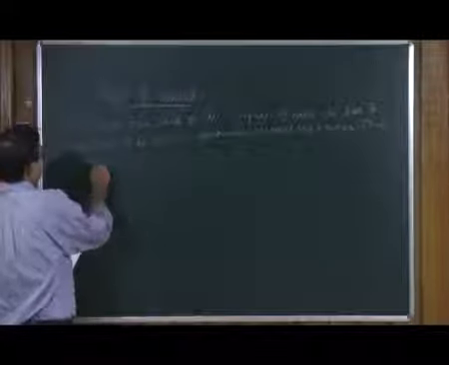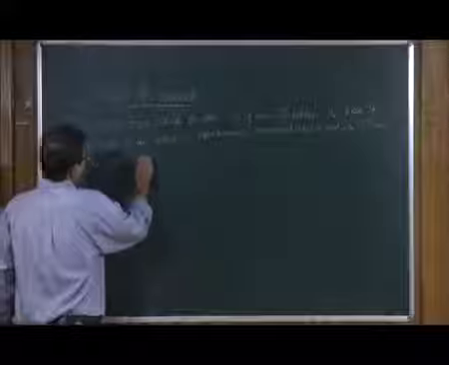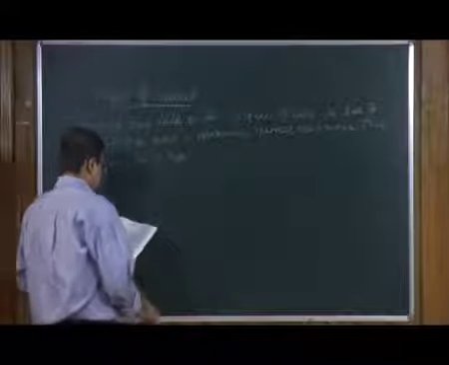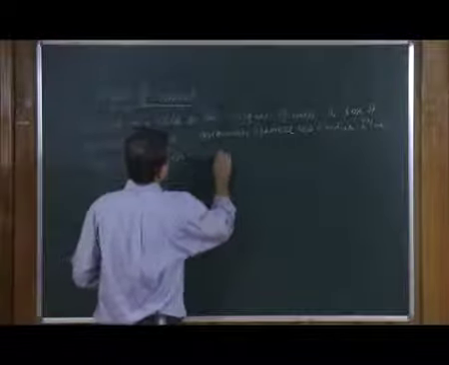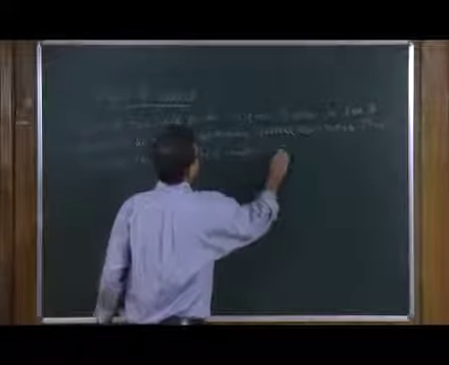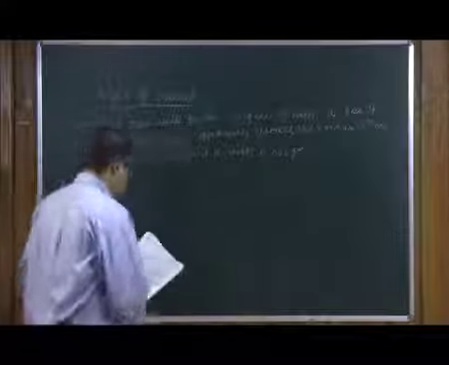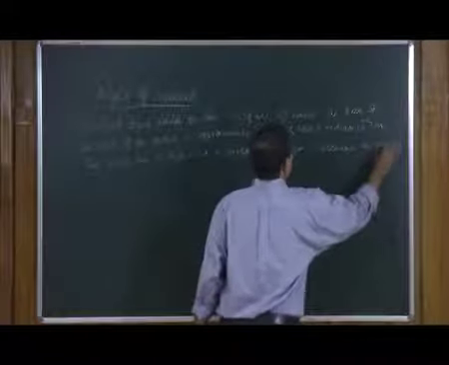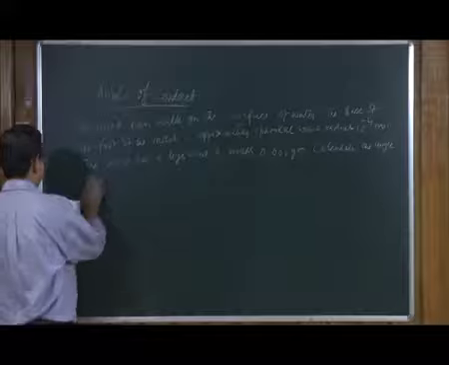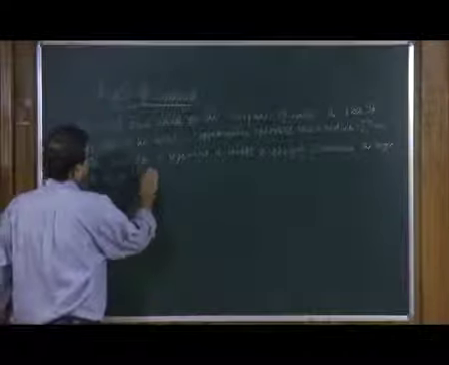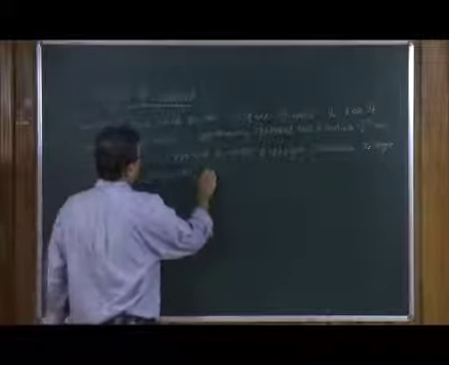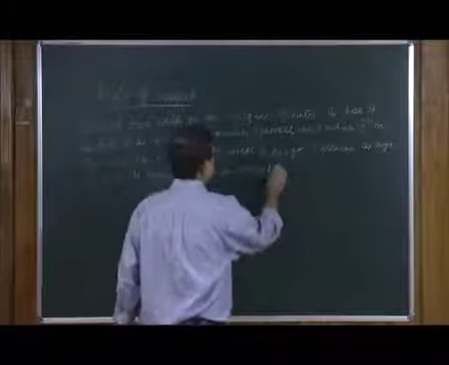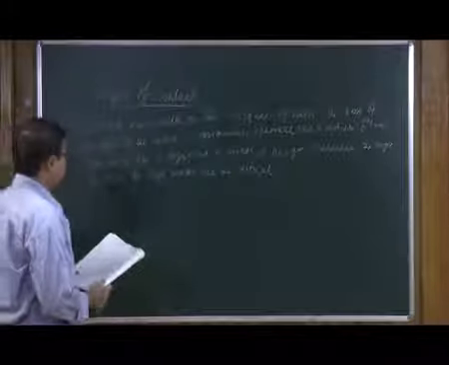The insect has 6 legs, you have seen a 6-legged insect, and a mass of 0.002 gram. Calculate the angle theta that its legs make with the vertical. So, this is the statement: calculate the angle theta that the legs make with the vertical.